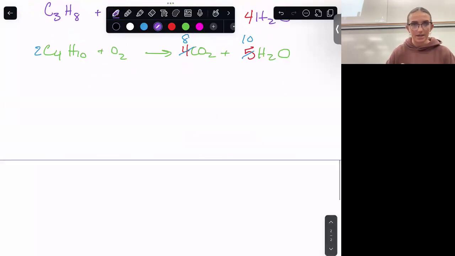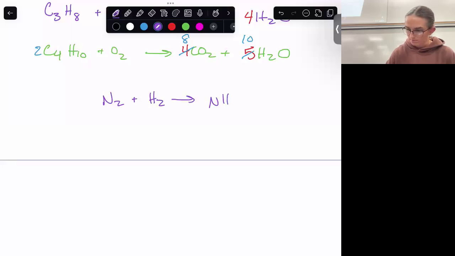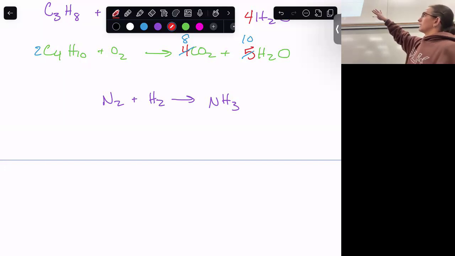Again, if we just did something like this, my first reaction is to work left to right. I have 2 nitrogens on my left and 1 nitrogen on my right. Multiply that by 2.